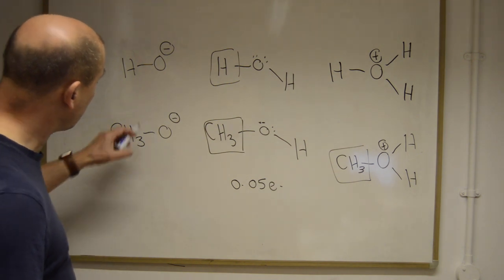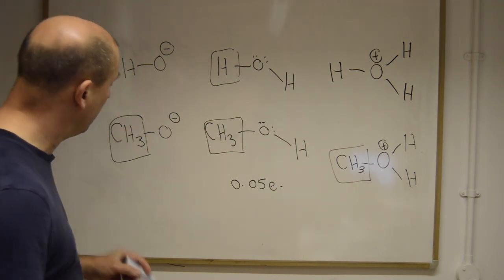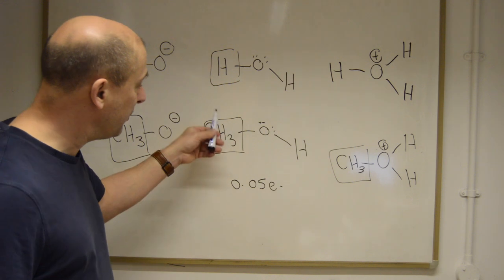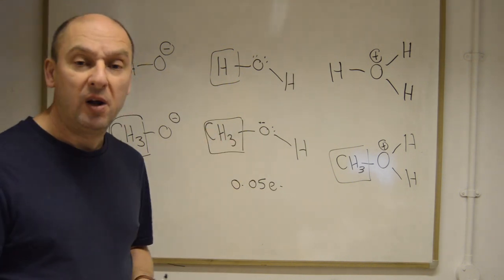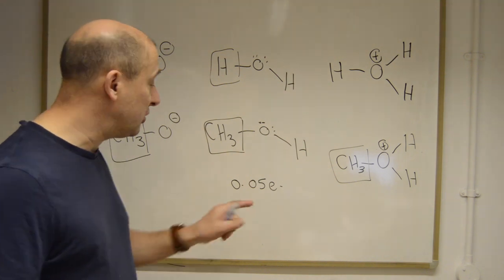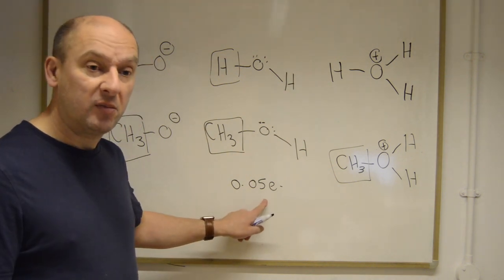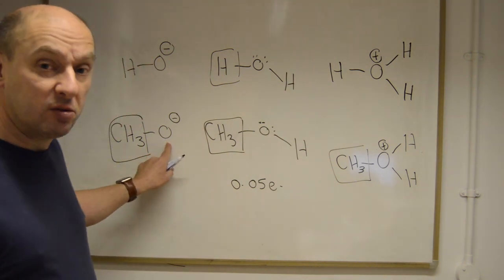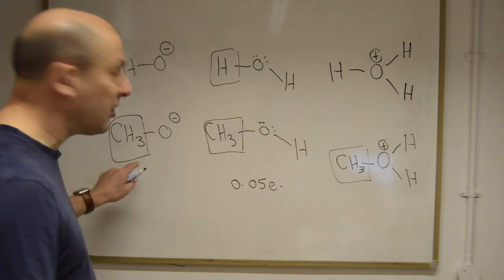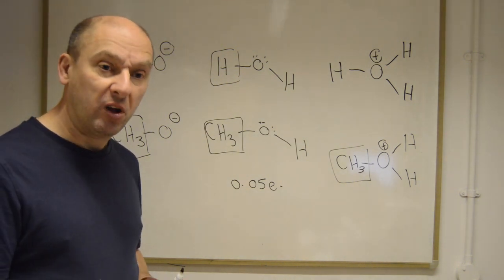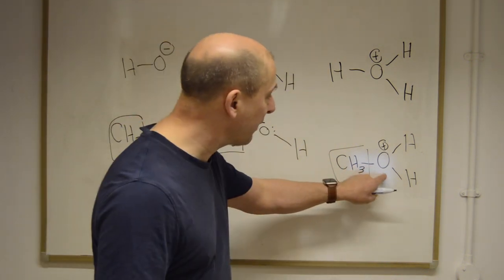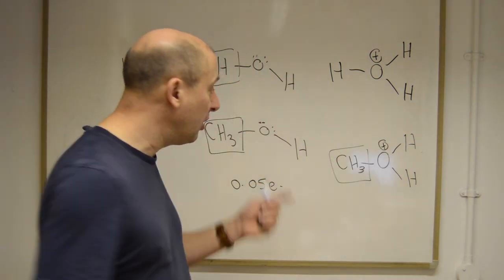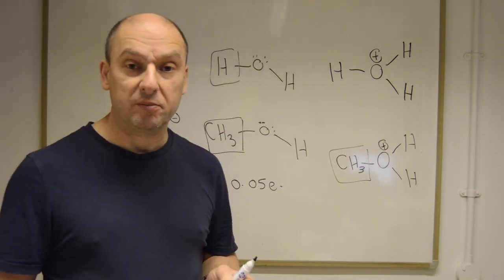So this methyl, if we take the simple view, the methyl in the middle, neutral, it's electron withdrawing, but it's an incredibly small effect. When we put more electrons on, the methyl becomes more electron withdrawing. It's got more electrons to withdraw. But when we take electrons away, when we protonate the oxygen, the methyl becomes electron donating.